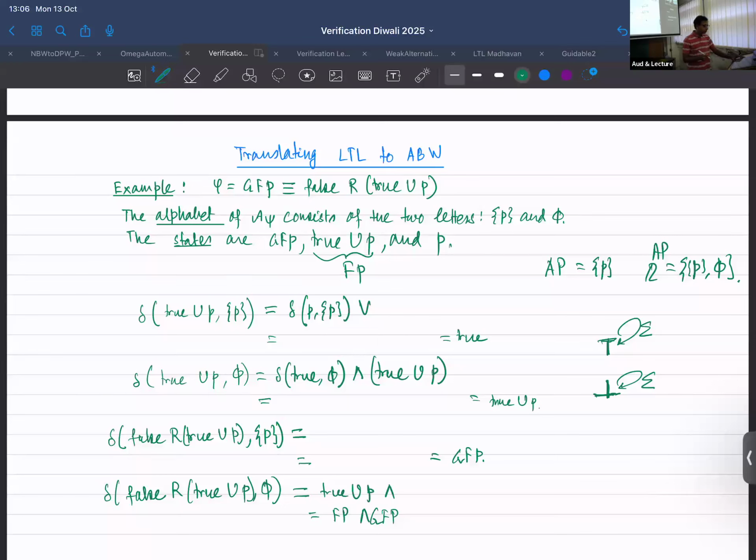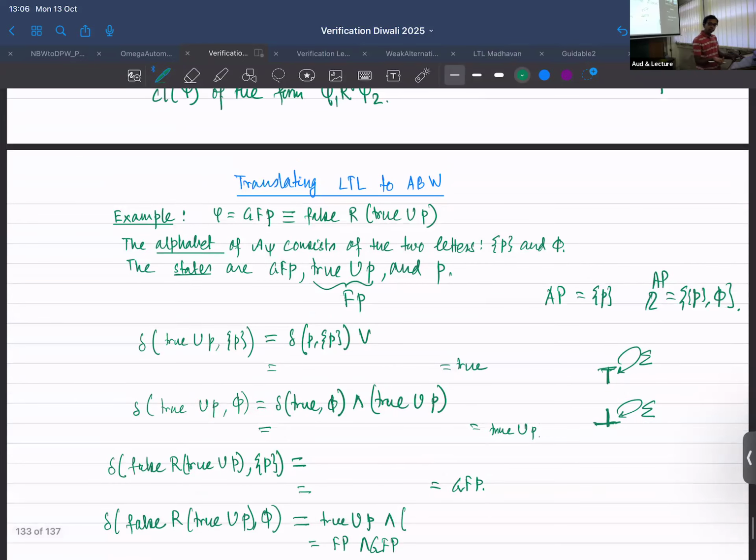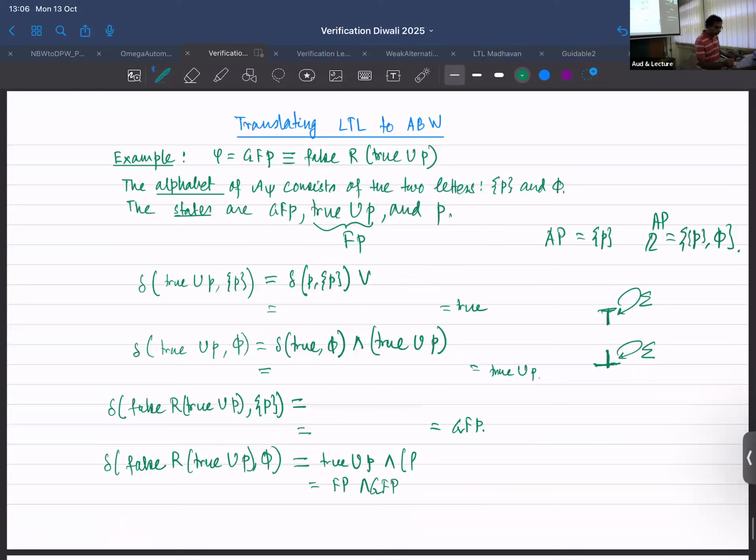And what about the first thing, delta of false comma phi, which is false, or we have the whole formula, that is G false or true until p. So this is the thing, you see FP and GFP.